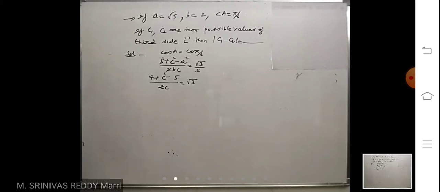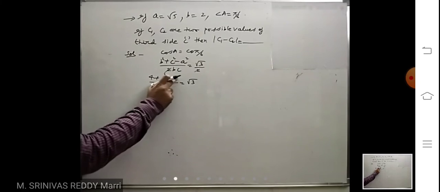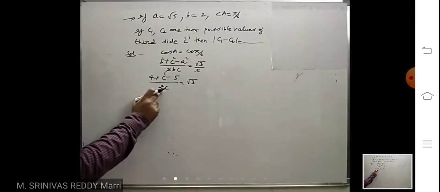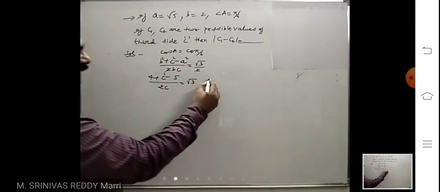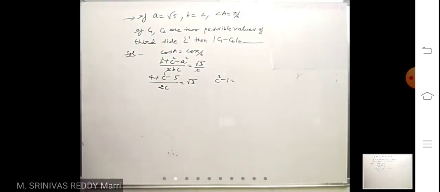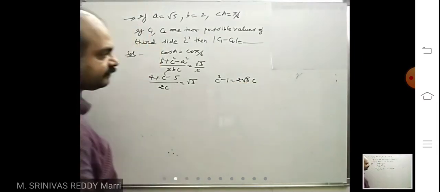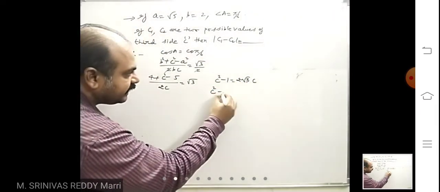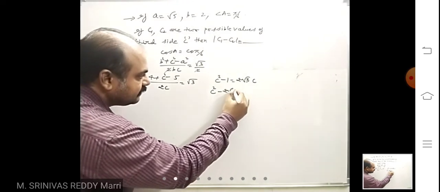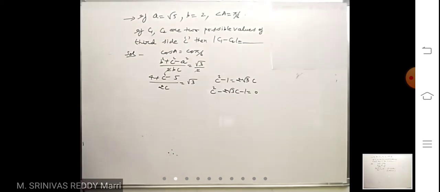I have substituted the b value and a value. b square is 4, a square is 5. Bring the b value to that side. So c square minus 1 equals 2 root 3 c. Then you will get c square minus 2 root 3 c minus 1 equals 0.